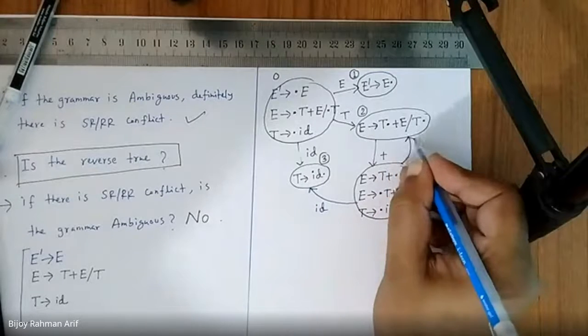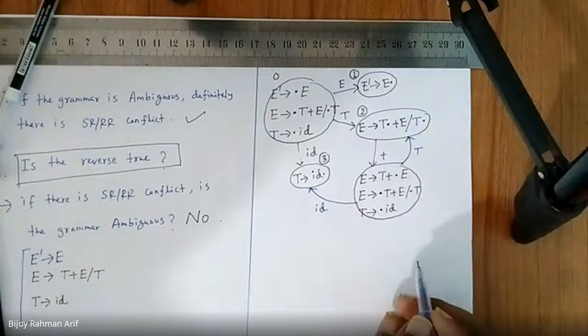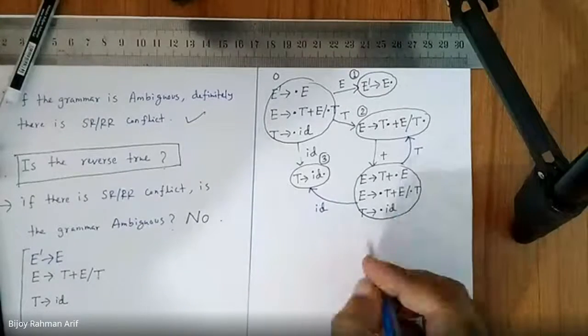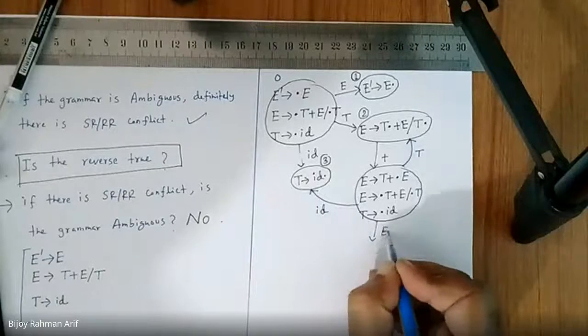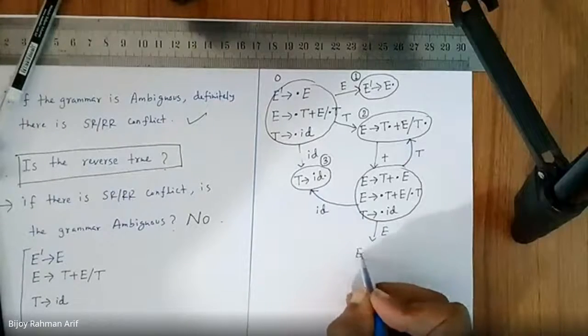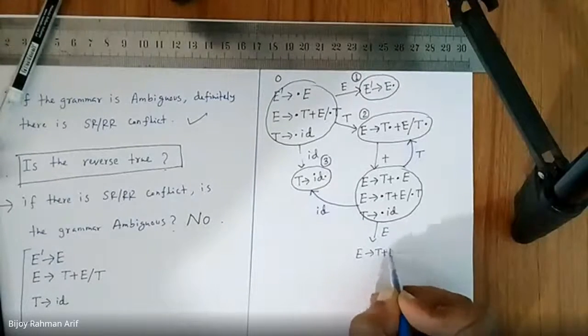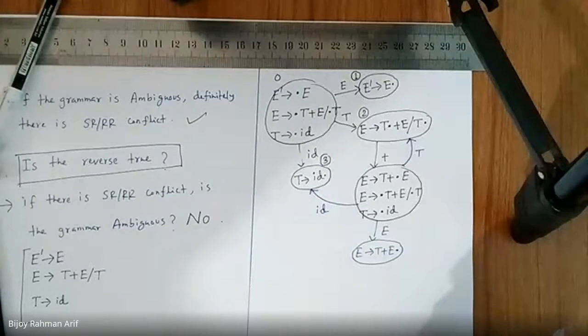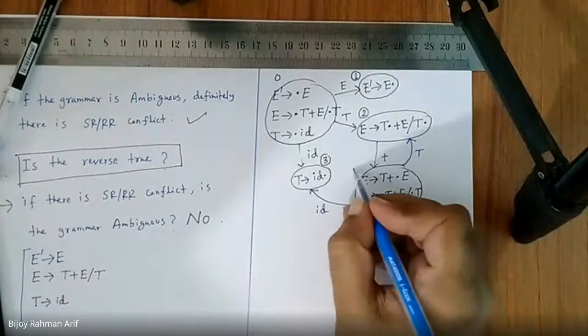And what else? I have one more. ID is done, T is done, so E. On E, I'm going to where? E derives T plus E dot. So let's call this 4.